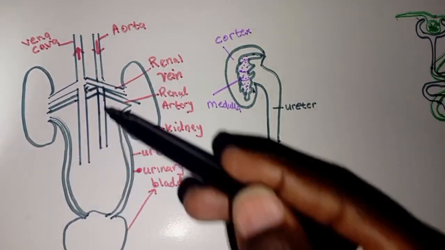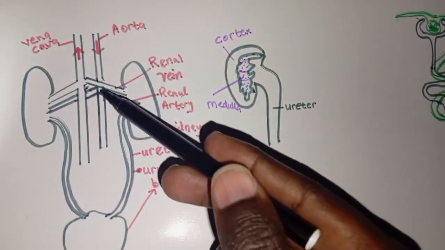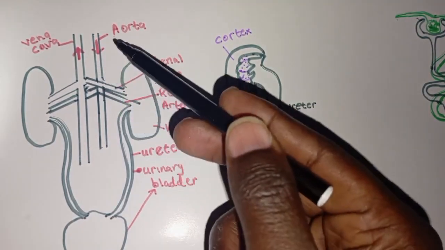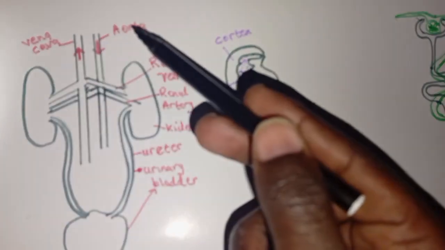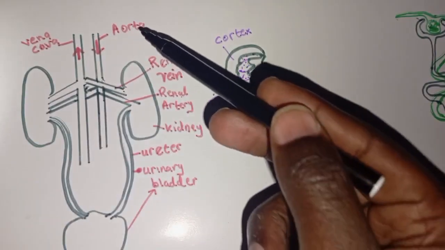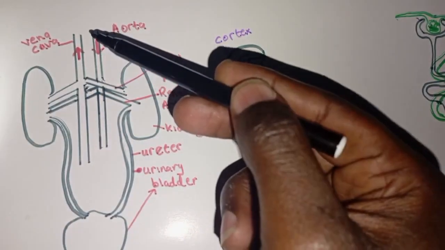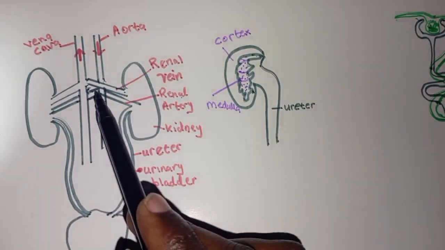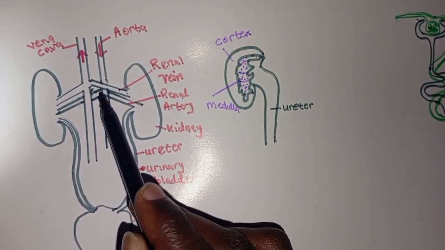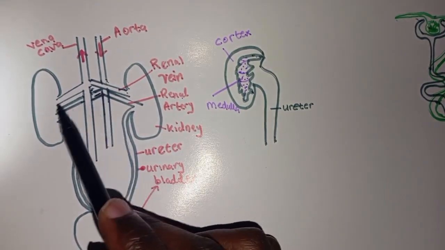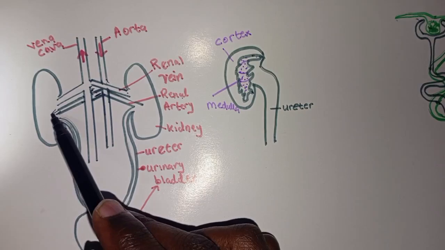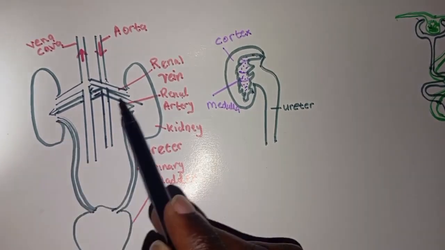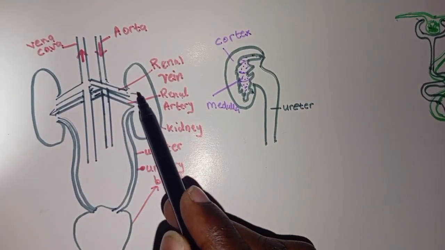As the blood reaches here, it goes two ways. If you follow the aorta here, this carries blood that comes from the heart. This blood is pumped from the heart, it comes to the kidneys, then it branches. You can see here it will branch off, this goes to the right kidney, and then it goes also to the left kidney.